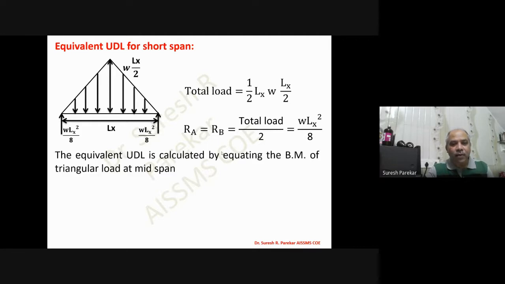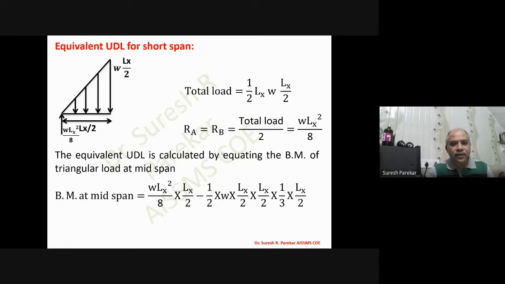Now for bending moment, the equivalent UDL is calculated by equating the bending moment of the triangular load at mid span to the bending moment of the equivalent UDL at mid span. Now we have this half, and then we will take bending moment at center. So we will get WLx square by 8 into Lx by 2.